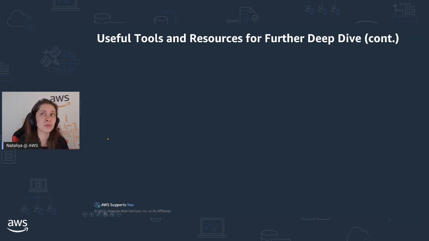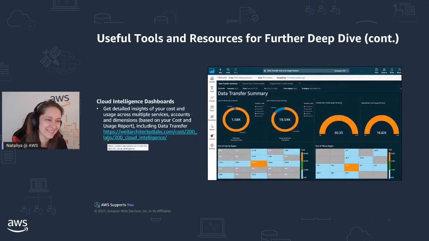And also, I think Rob posted a link to this one in the chat. Some customers would like to have more options and flexibility to customize how they visualize networking data transfer in AWS.